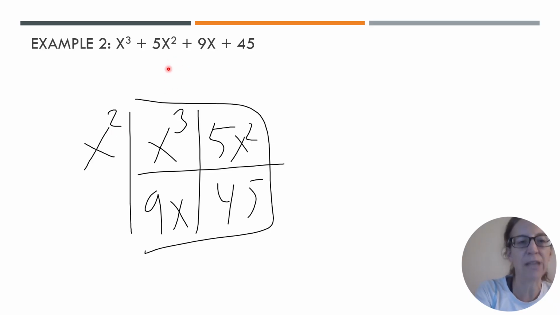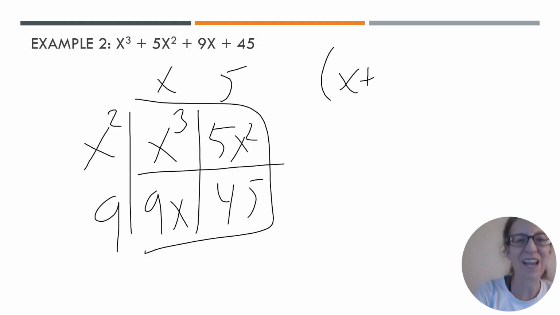X squared times x would give me x to the third. X squared times 5 would give me 5x squared. And then down here, x times, oh, crud, I made a mistake on this one. Whoops. Well, there you go. X times 9 gives me the 9x. And so this factors into x plus 5 and x squared plus 9.